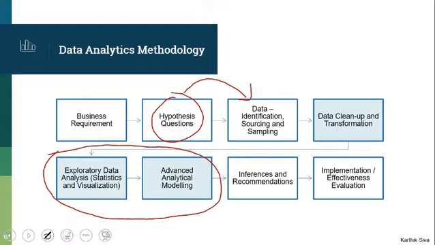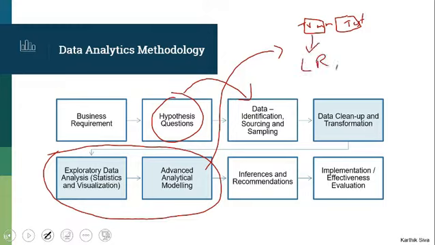Now when you do your modeling step, obviously you don't just rely on one model. Even within regression, I might create a train test split, and I might test it out with linear regression.